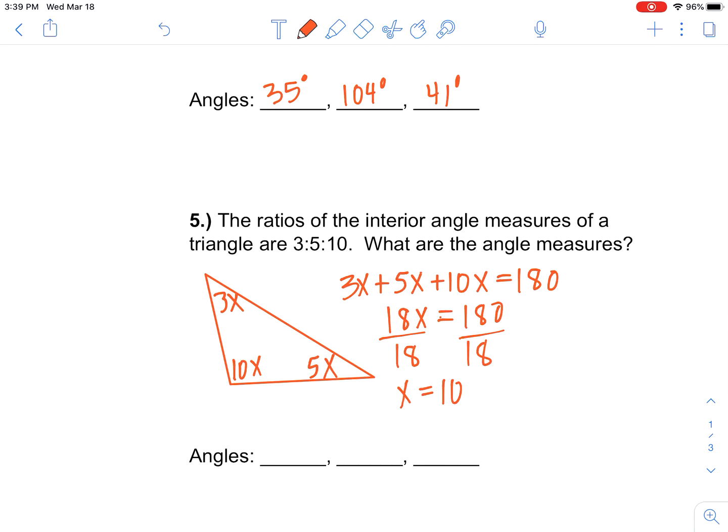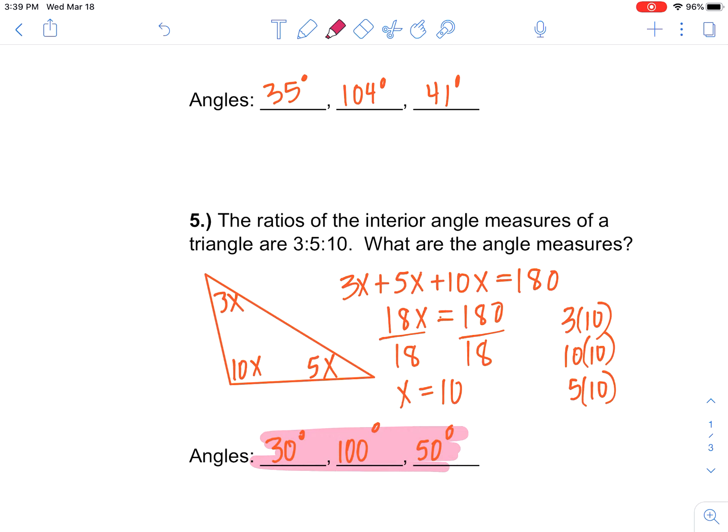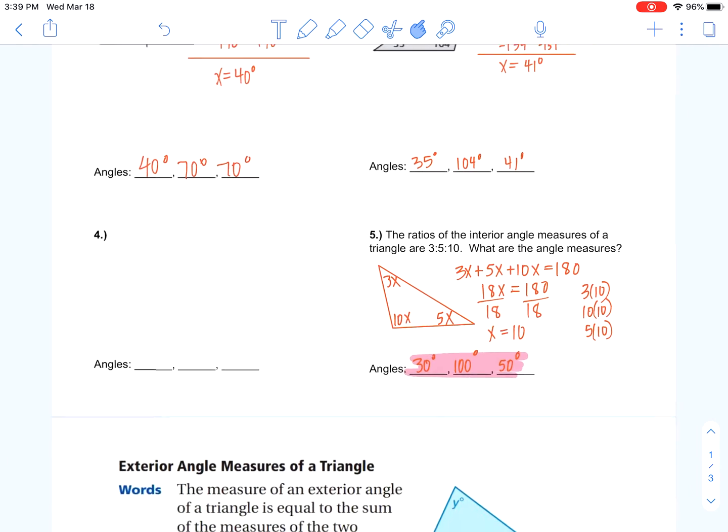Now in order to find our angle measures, we're going to plug those back in and say 3 times 10, 10 times 10, and 5 times 10 to get 30 degrees, 100 degrees, and 50 degrees. And then just make sure that these all equal 180 degrees.